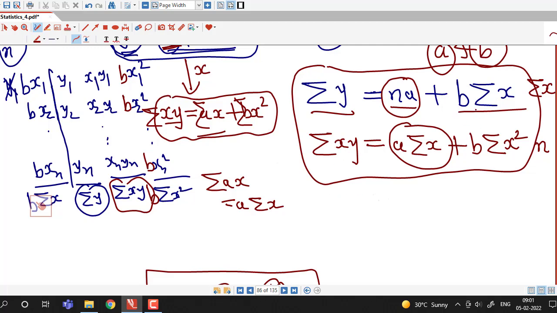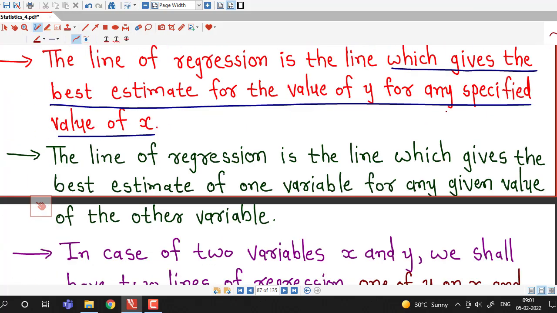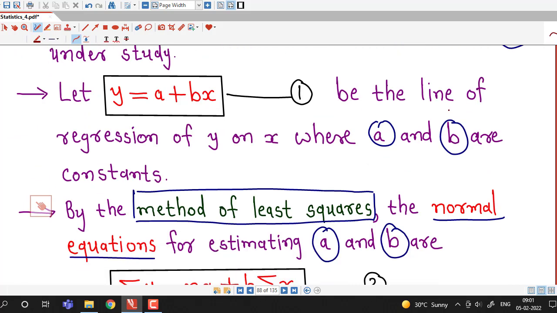Similarly, I can obtain the value of b. So that is the idea of the method of least squares. But we are not going to derive all these things.